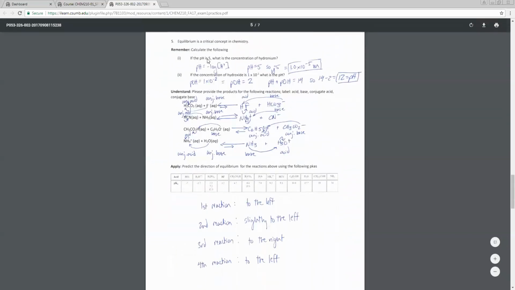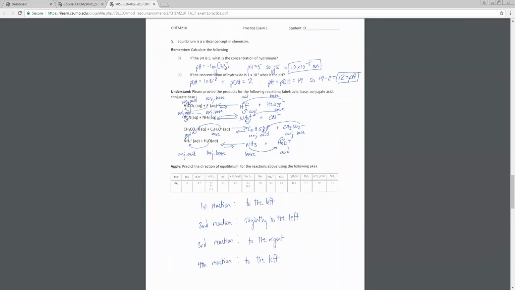Equilibrium. So at pH 5, what is the concentration of hydronium? So I take the negative log of my hydronium concentration. It's going to be pH 5 or 10 to the negative 5, so 1 times 10 to the negative 5th molar. If the concentration of hydroxide is 1 times 10 to the negative 2, what's the pH?